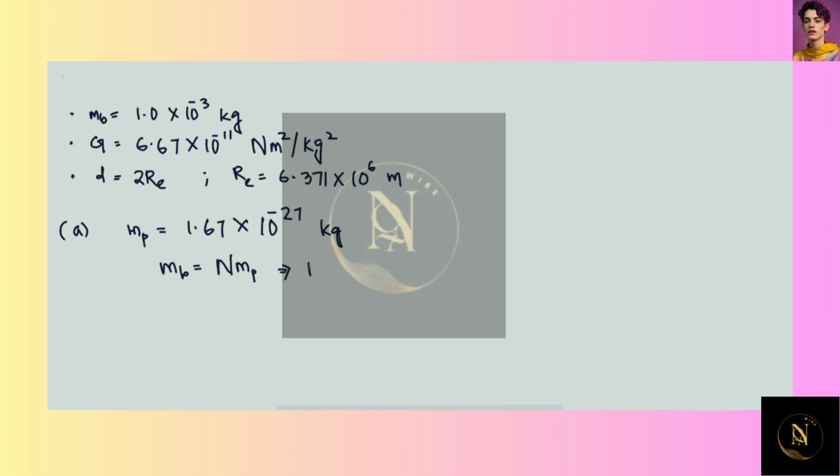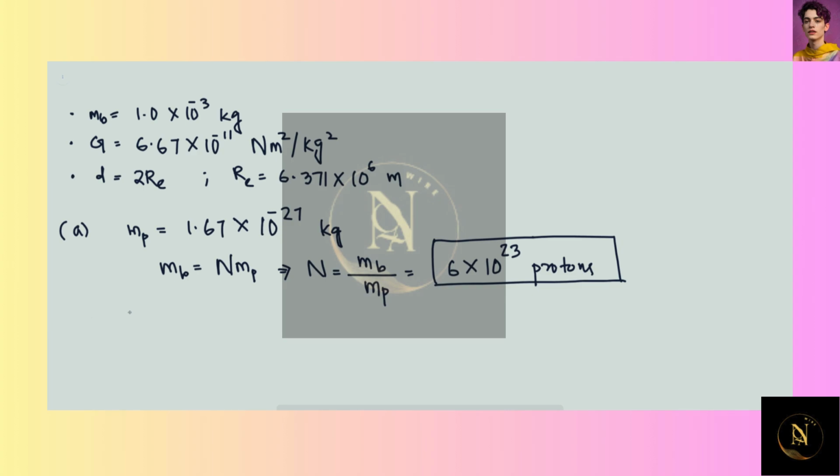So from here we can find N, which will be equal to MB, the mass of each bag, over the mass of each proton, and that will give us 6 times 10 to the power 23 after substituting the values. So this is the number of protons in each bag. So that's the first part.